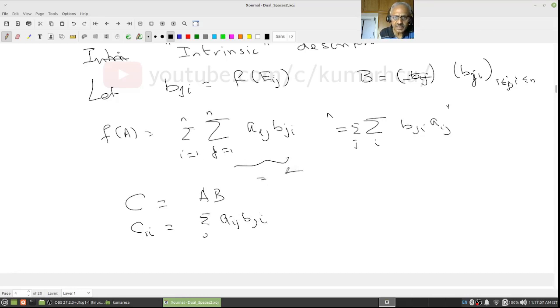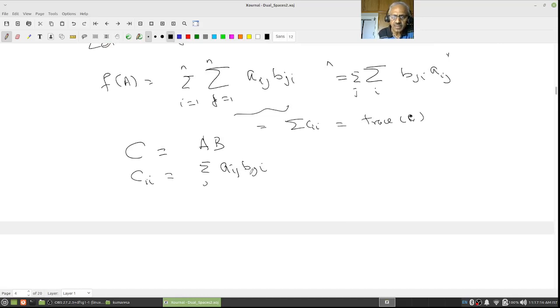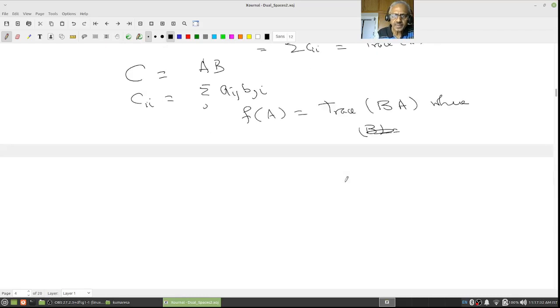Therefore, this is nothing other than summation c_ii, but that is nothing other than the trace of the matrix C. Therefore, what I have is that f(A) is nothing other than trace of BA, where B equal to (b_ij) and b_ji is f(E_ij).